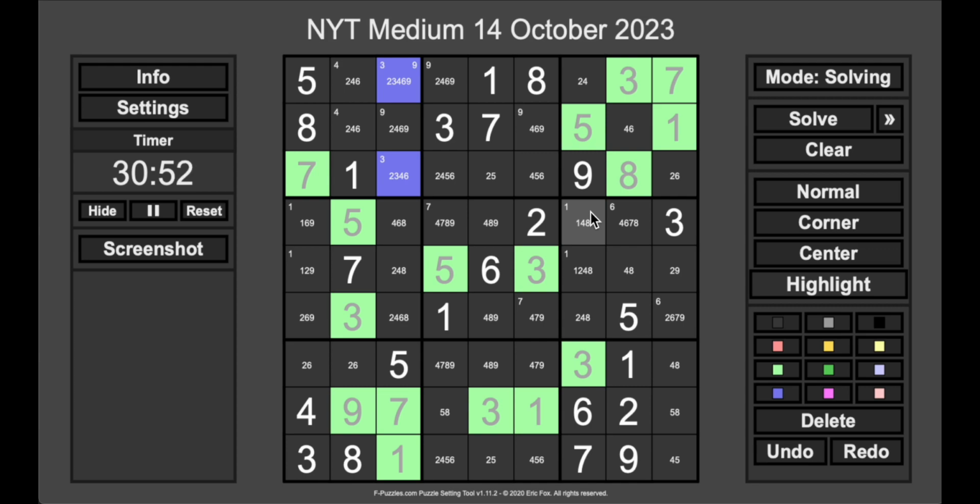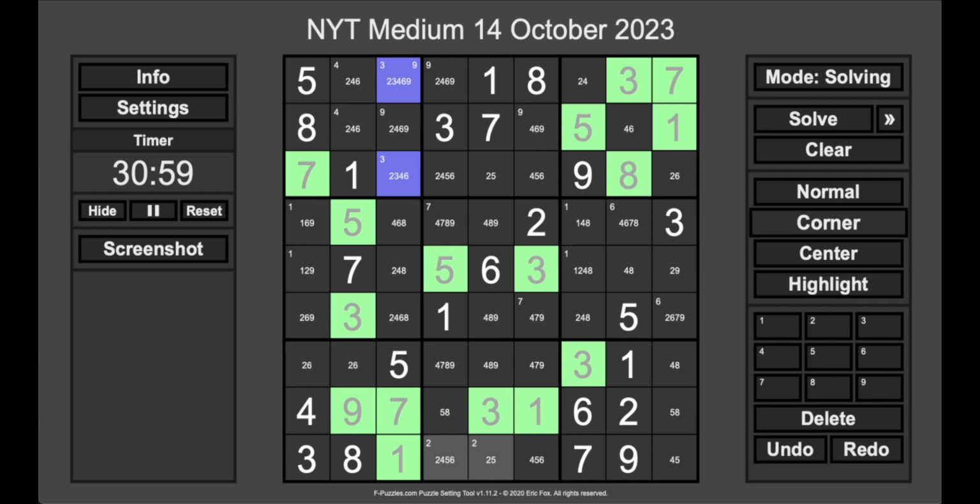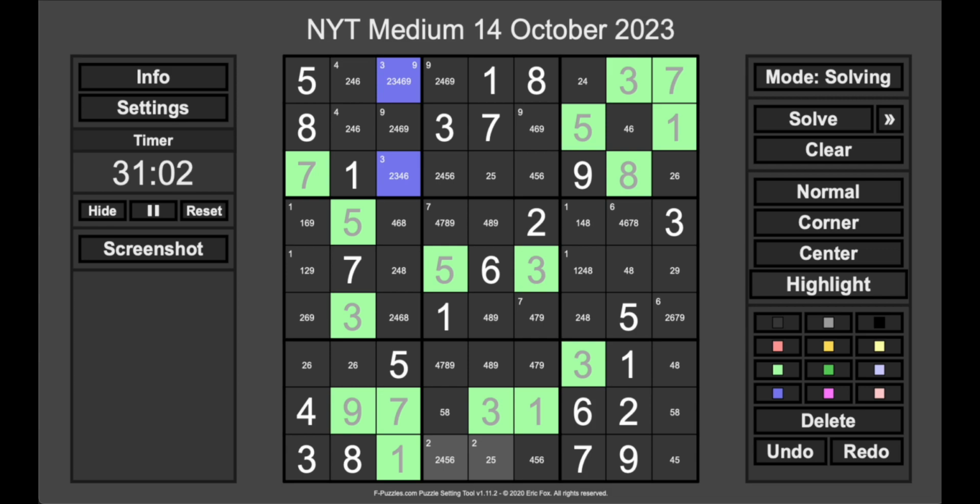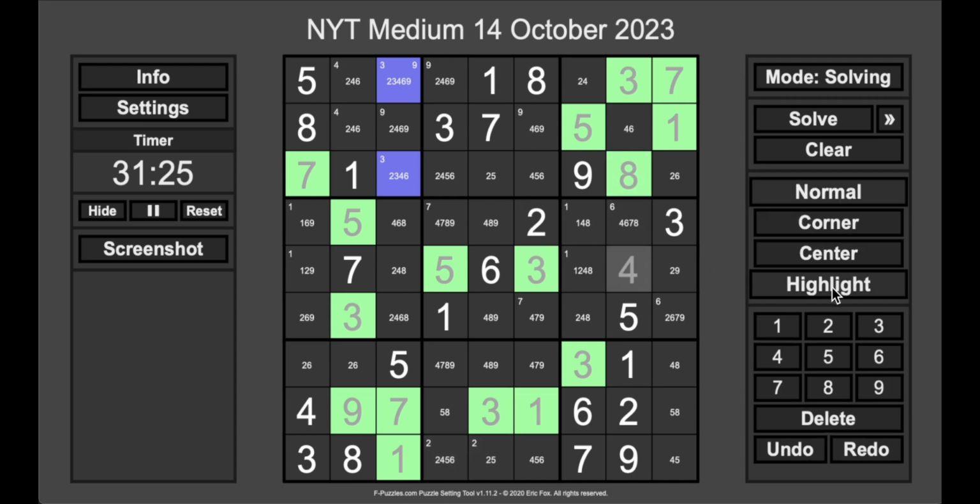What else does that help me with? Not much. Well, it might. Let's see, this 8 means this can't be 8, so that's a 4.